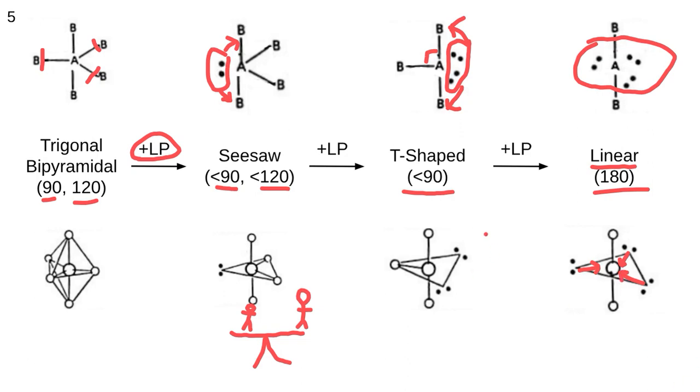So it's going to form a net linear molecule, okay? So remember, 5, trigonal bipyramidal, 3 plus 2 is 5, and then you just add lone pairs, increase repulsion until you get linear, in which it goes back to 180 because those non-bonding domains are going to cancel each other's repulsive effects out, leaving only your axial bonds, okay?